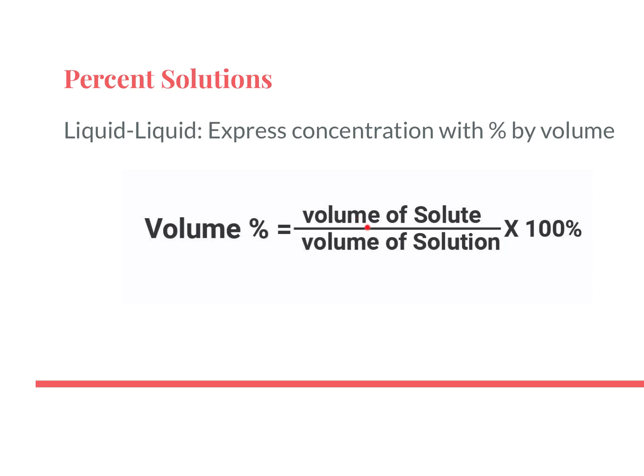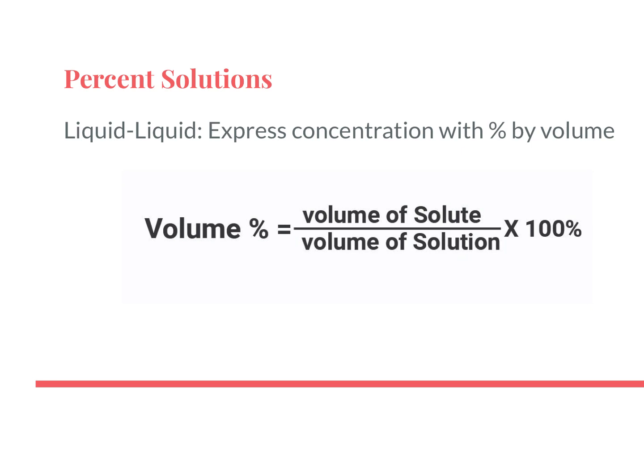So just volume of the solute divided by volume of the solution times 100%. For this one, units for volume don't matter as long as they match. So if the solute's in milliliters, what does the volume of the solution have to be?